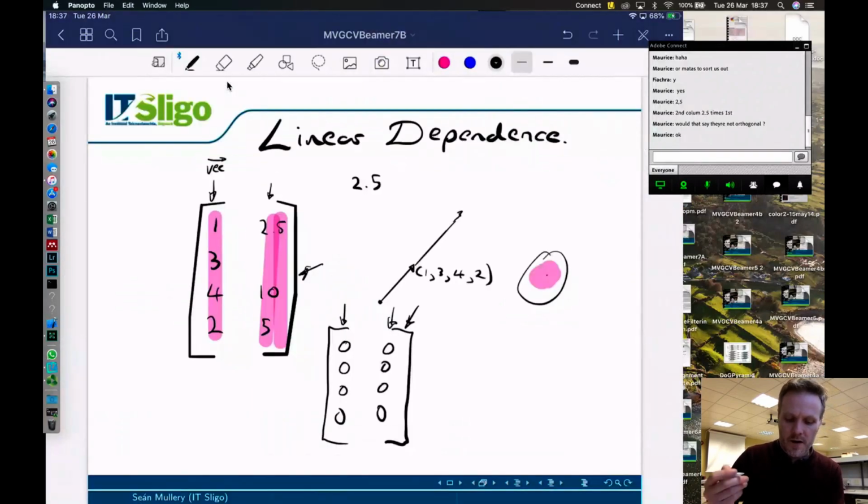If I call this vector A and this vector B, what we were saying earlier is that 2.5 times A is equal to B. I think you would agree with that. But the other way of writing that is that B minus 2.5 times A equals 0. So what we're trying to find then is that value there.